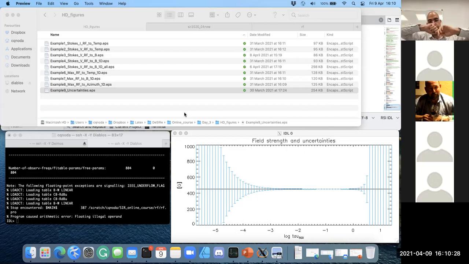So I will explain it next week. But the idea is that you can put nodes that are the locations where the SER code is going to perturb the atmosphere.